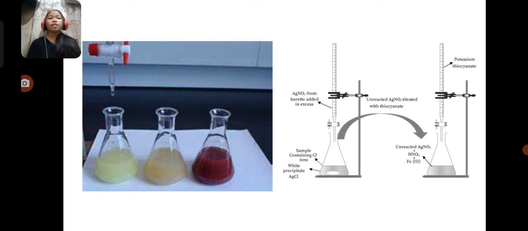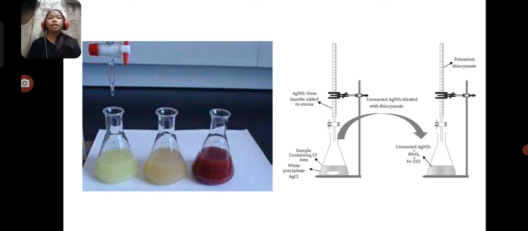Looking at the image, on the left side facing your screen, the first conical flask contains AgCl, which formed from the reaction of AgNO3 and NaCl. On the right is the conical flask and the burette. The white part is where the AgCl precipitates. This represents the sample containing chloride ions, so disregard that text, but there we find our excess AgNO3.